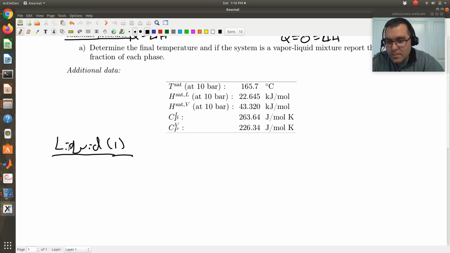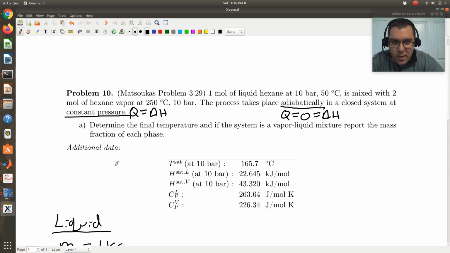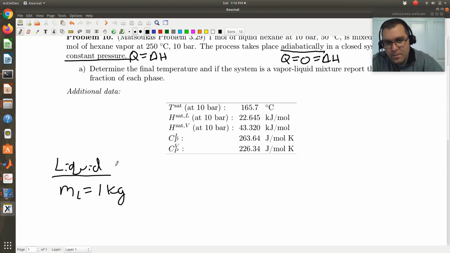Let me just call it L. The liquid was at 10 bar and 50 degrees C.